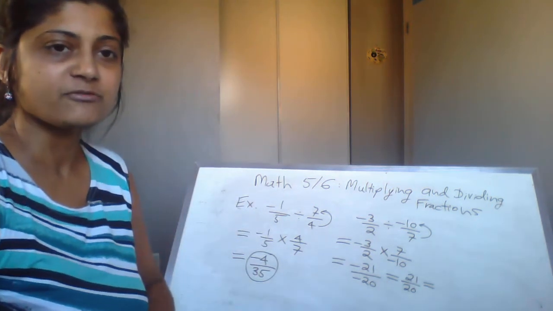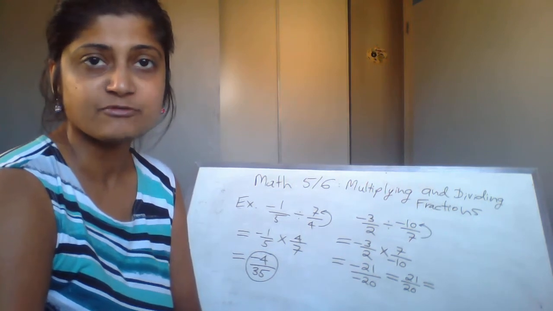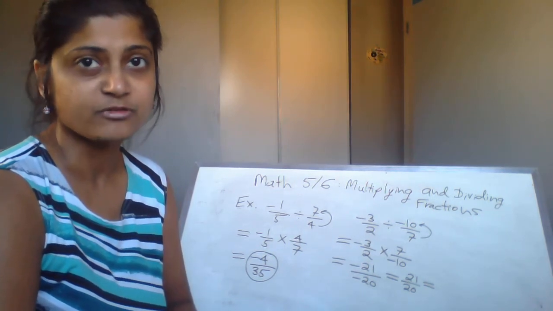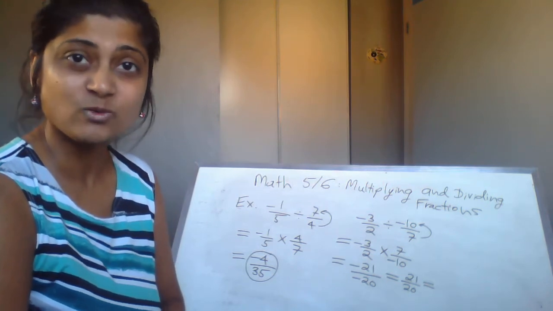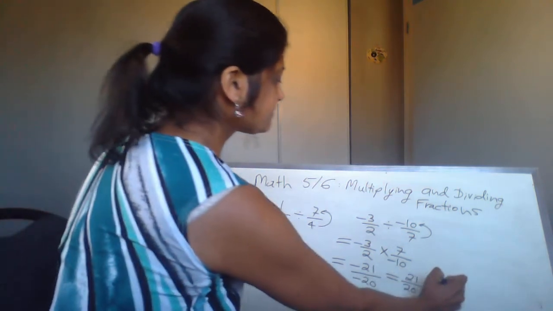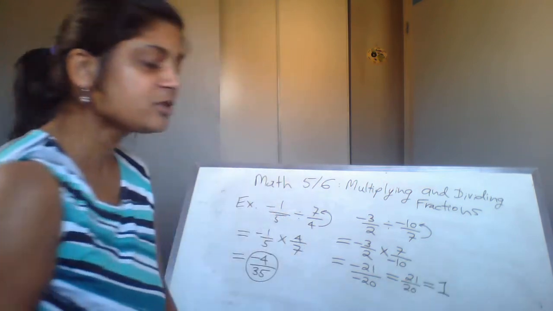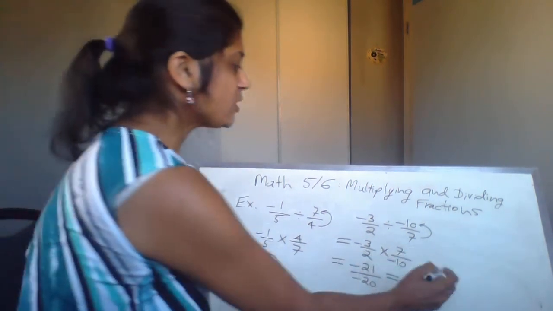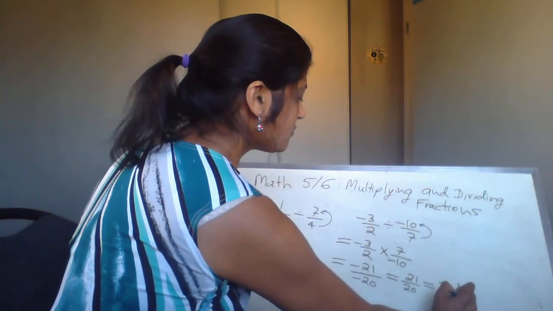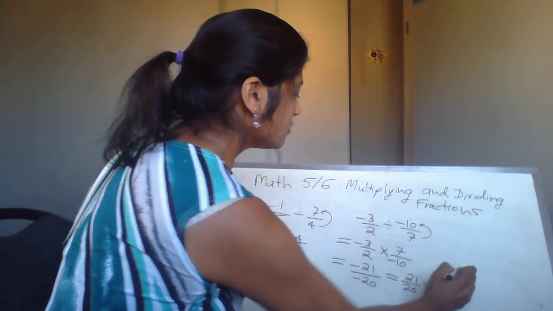We want to make sure our final answer is a mixed fraction. It shouldn't be an improper fraction. So we're going to see how many times 20 goes into 21, which is just once. If you do 21 minus 20, that's equal to 1, so I have 1 left over. That 1 is going to be in the numerator.